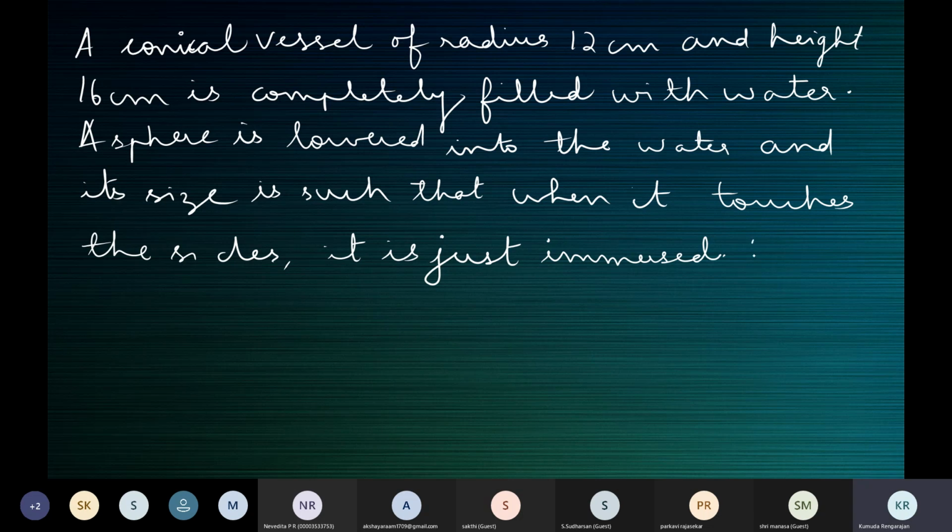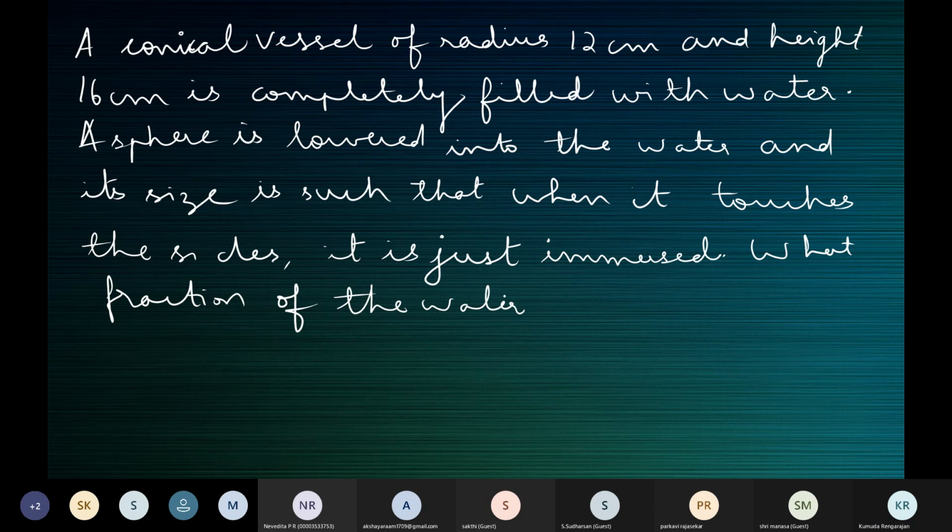What fraction of the water overflows? Yes, children, we'll understand this. Please write the question.